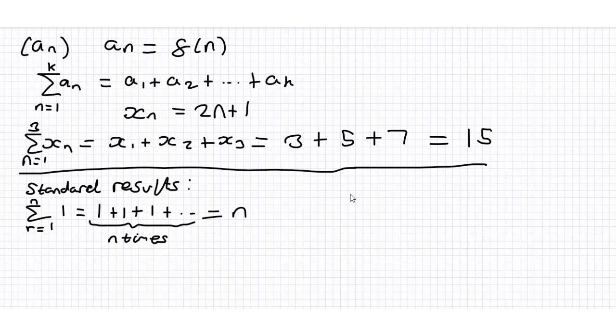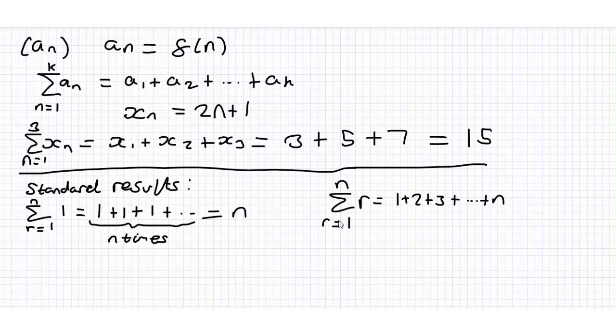Secondly, and this is not on the formula sheet, I believe, so it's important to remember, whereas the later ones are. From r equals 1 up to n of r, this is just the sum of the natural numbers up to n, isn't it? So this is equal to 1 plus 2 plus 3 all the way up to n. And why is this?